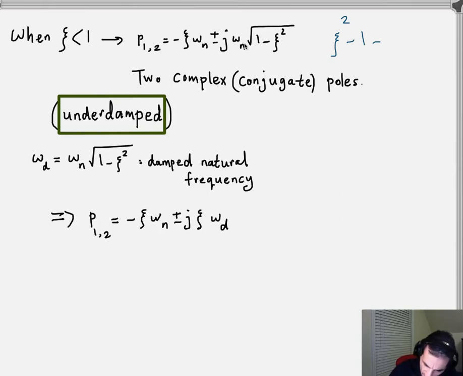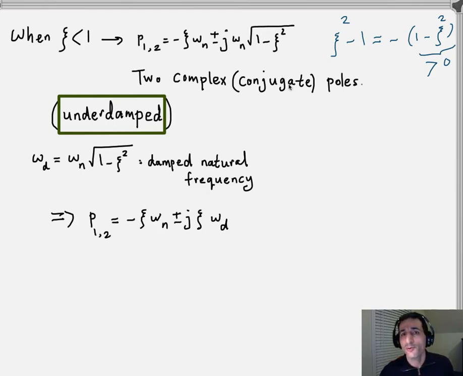Of course, in this case, 1 minus zeta squared is greater than 0. Therefore, I can take the negative 1 out of the square root and make it j. And therefore, I end up with two complex poles. These poles are complex conjugates.